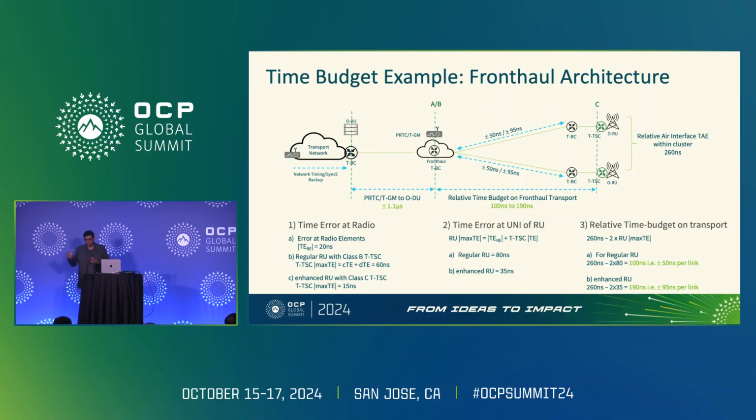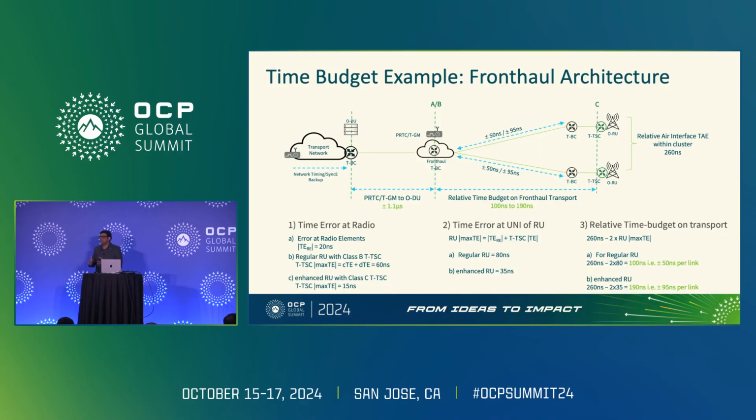After adding that, the total time budget within the radio unit itself becomes 80 nanoseconds for a regular RU. Now for an enhanced RU, which is more efficient in maintaining time, the time error budget comes down to about 35 nanoseconds. Now, in order to calculate how much time error budget we have for the network path itself, we need to deduct this amount from the total time error budget.